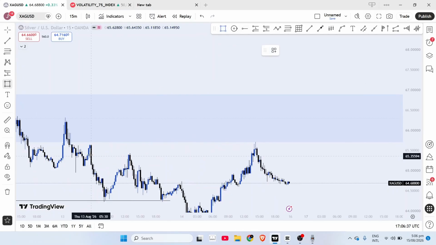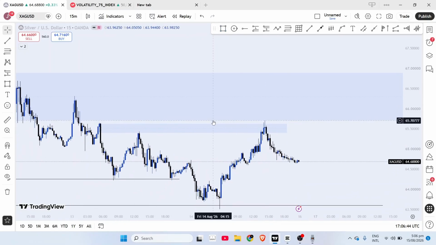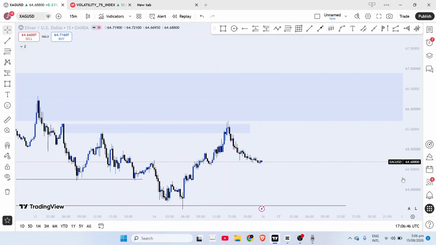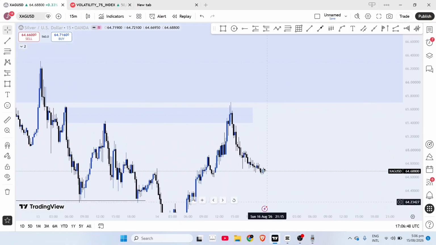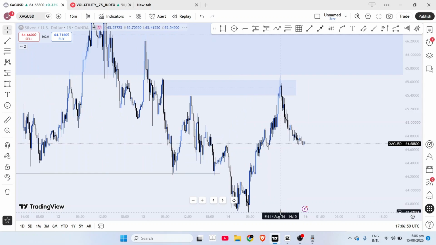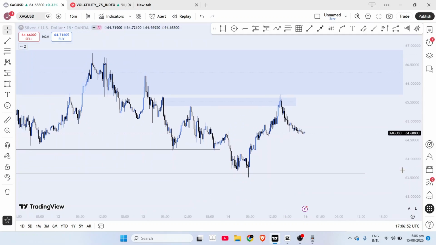Can you see silver came into this point of interest? Silver has swept all these highs and it's also dropping just like on gold. So what we can actually look at is also just like gold.